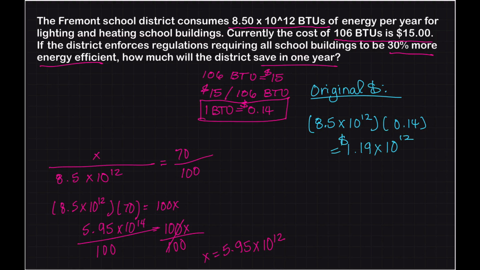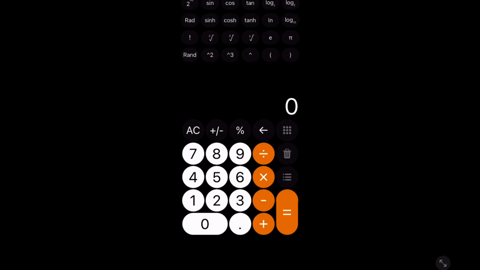Okay, now let's figure out what our new cost is, and then we can figure out the savings. So we're going to take this 5.95 times 10 to the 12th that we found earlier, and multiply that by 0.14. I'm going to do 5.95 times 10 to the 12th times 0.14.